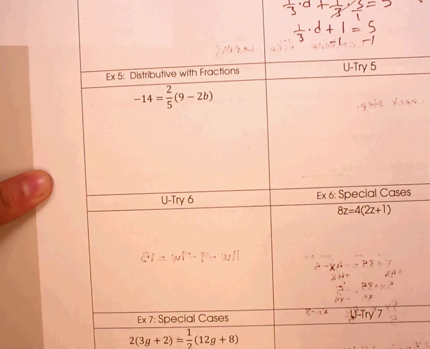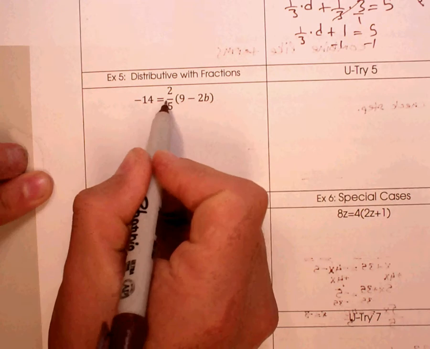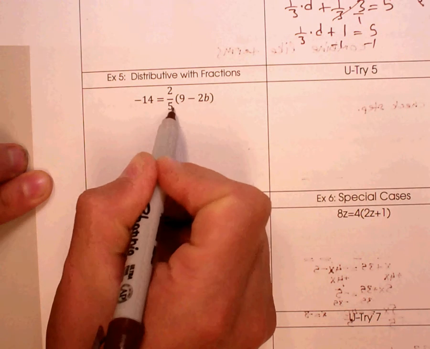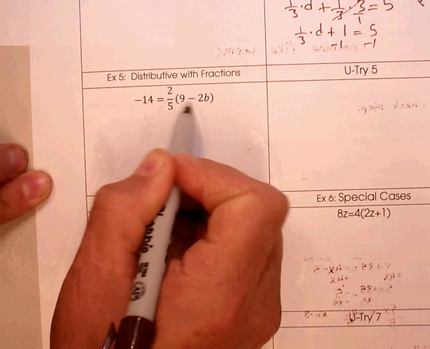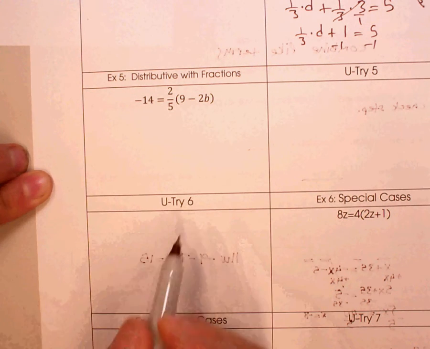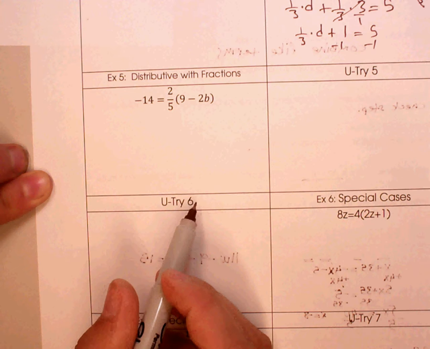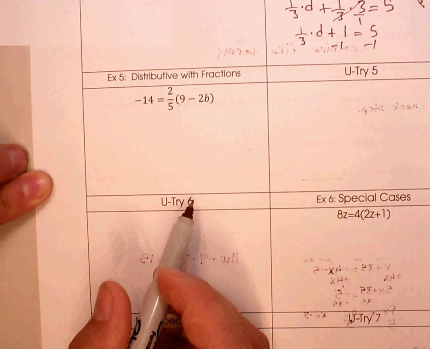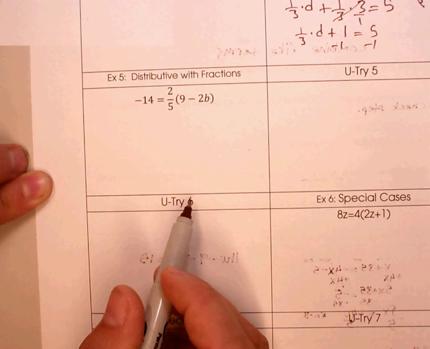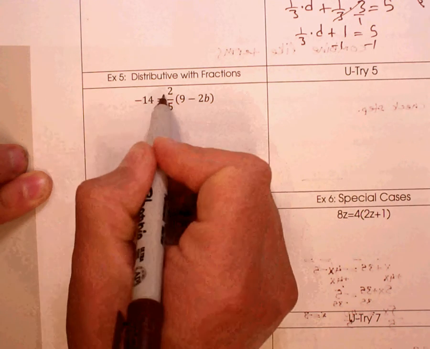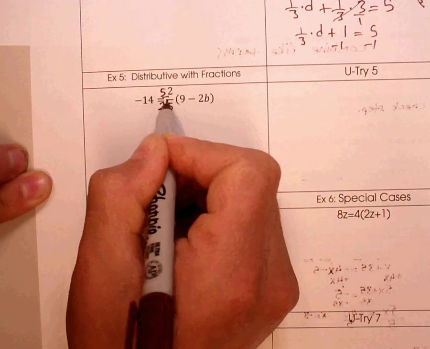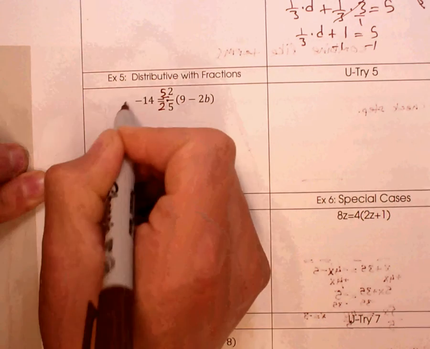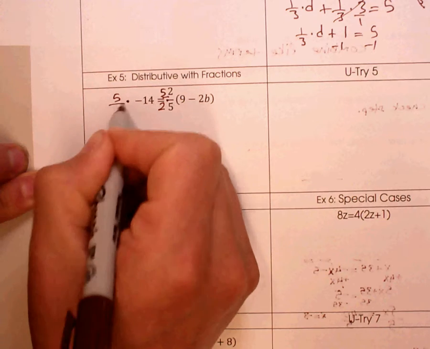This divided by 5 means everything on this side has been divided by 5. So in order to eliminate that, I'm going to multiply each side by the reciprocal right away. It will be 5 over 2 here, multiplication, and multiply this side with 5 over 2 as well.